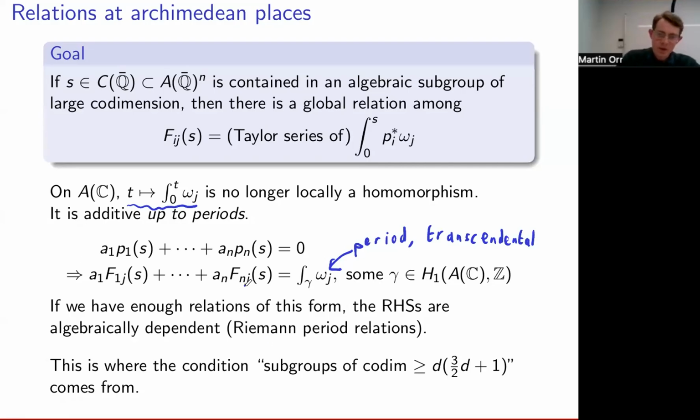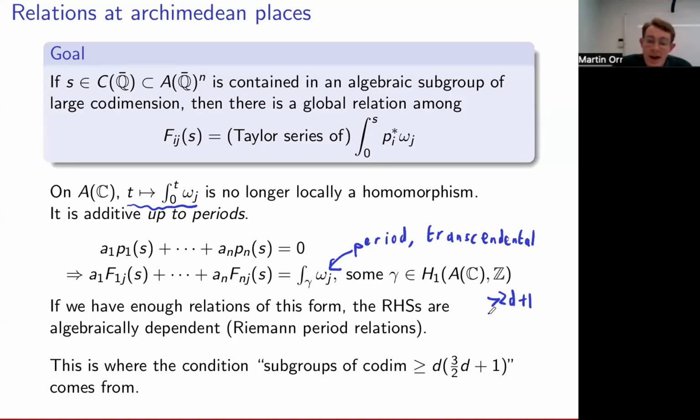So if we have a whole lot of relations like this, we can eventually take some combination of them that makes everything on the right-hand side disappear. The simplest example is if you have more than 2D plus 1 of these relations, then the right-hand sides will be linearly dependent, and you just take a linear combination of the left-hand sides and get some relation equals 0.